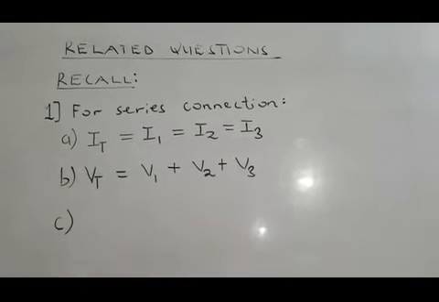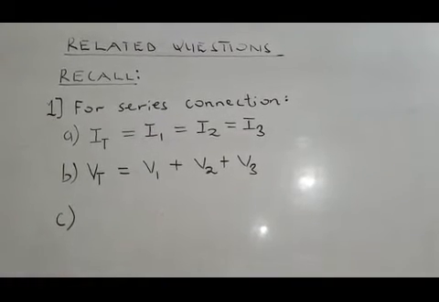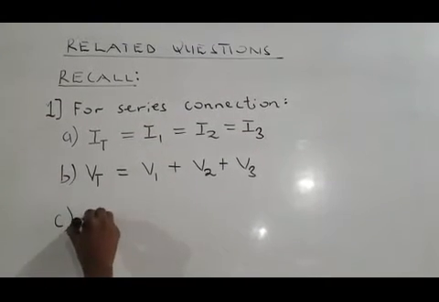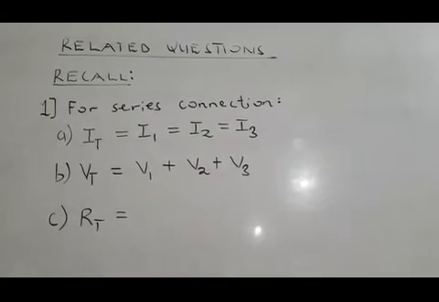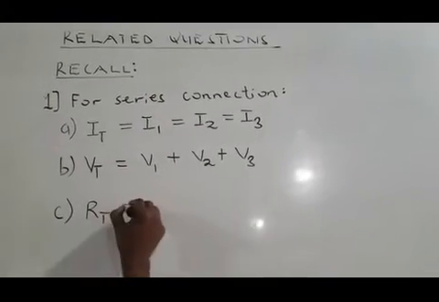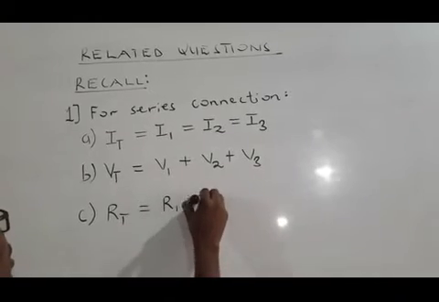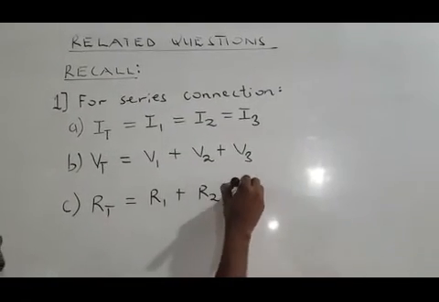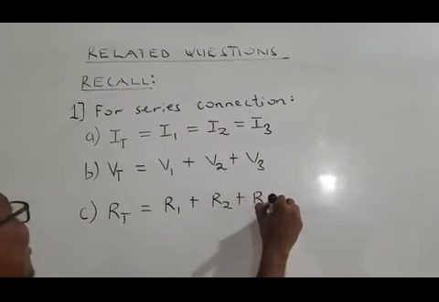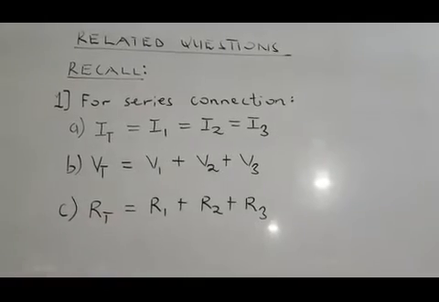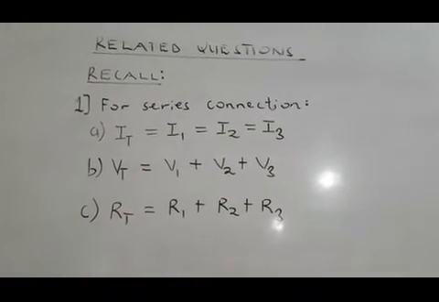And for total resistance in the circuit, RT is also the sum of the resistances of each of the resistors. So RT is equal to R1 plus R2 plus R3. So these were the equations we came across for series connection.